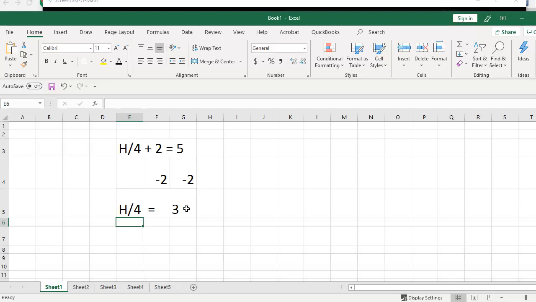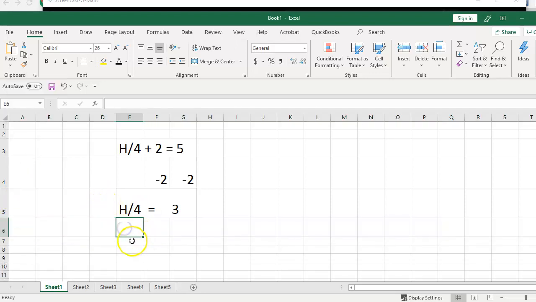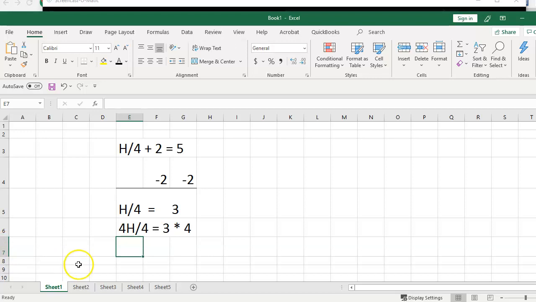Remember, whatever is done on one side of the equation must be done on the other side of the equation. So my new equation is written as such. It is 4h divided by 4 equals 3 times 4. What I'm doing again, I'm multiplying both sides of the equation times 4.